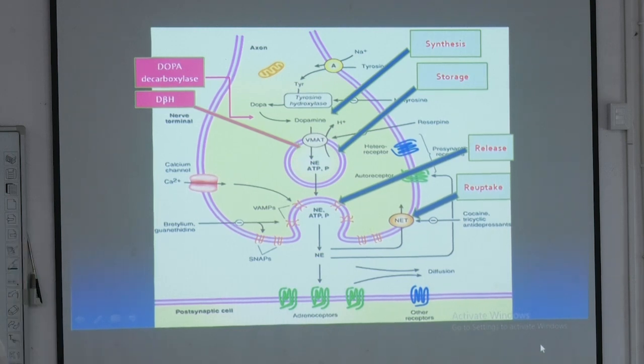For example, we have the muscarinic receptor M2. Muscarinic receptor M2. So, what it does is decrease the release of norepinephrine. Apart from that there are other releases.